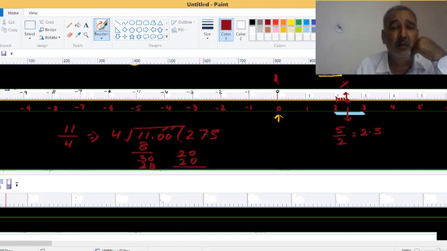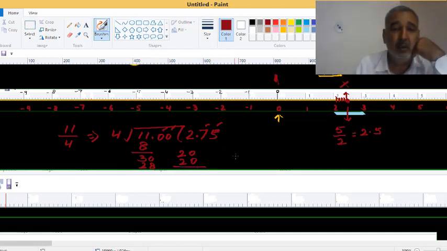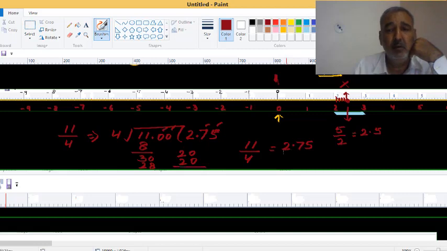So place 2 places of decimal from left towards right. Now clearly 11 upon 4 is 2.75. So how can I look at this number 2.75? I have only 10 small divisions.